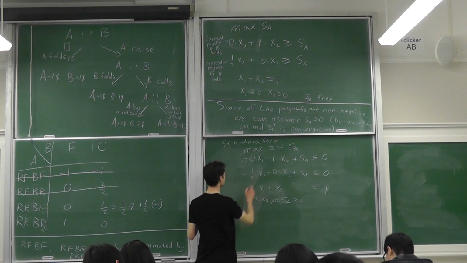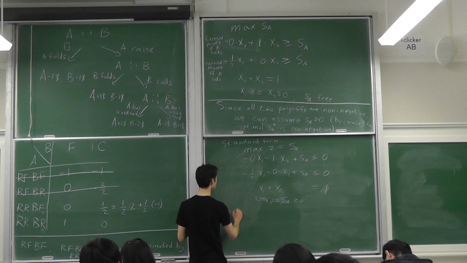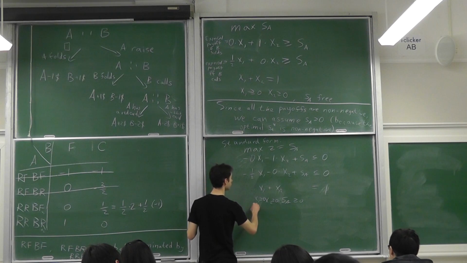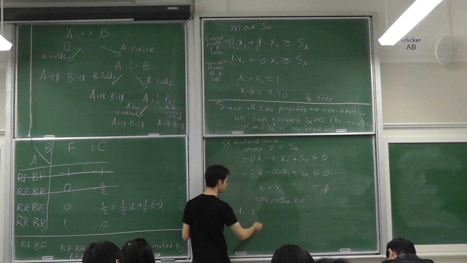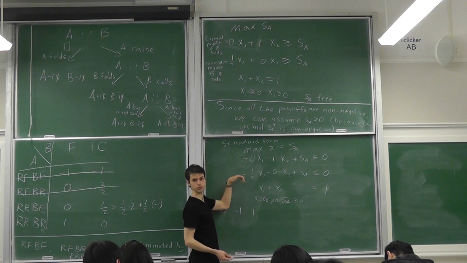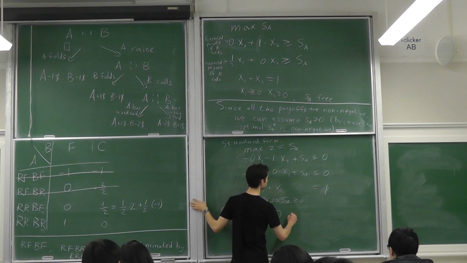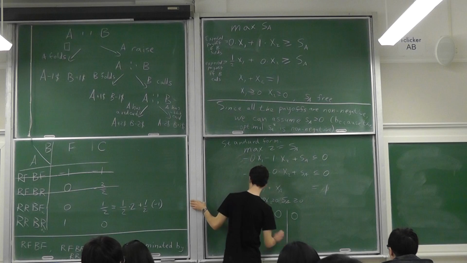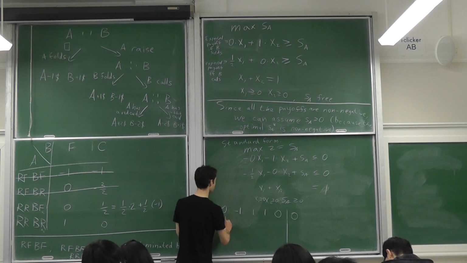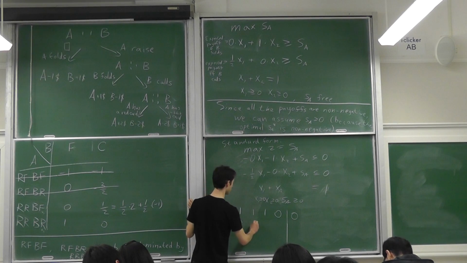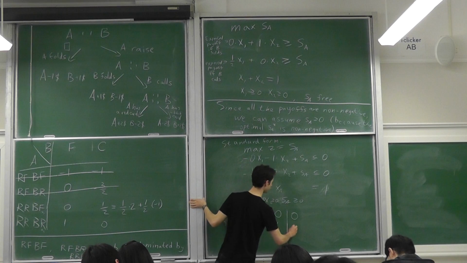So the initial table would be 0, minus 1, 1. We'll add slack variables to these two inequality constraints. 1, 0, 0. Minus 1 half, 0, 1, 0, 1, 0.